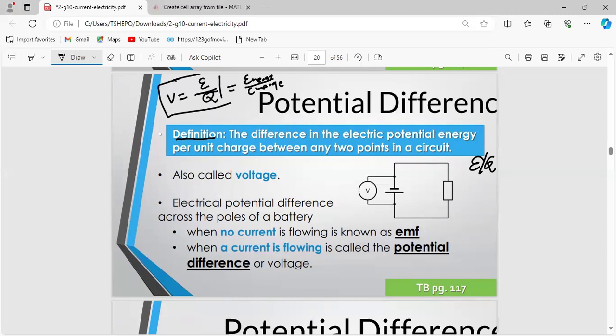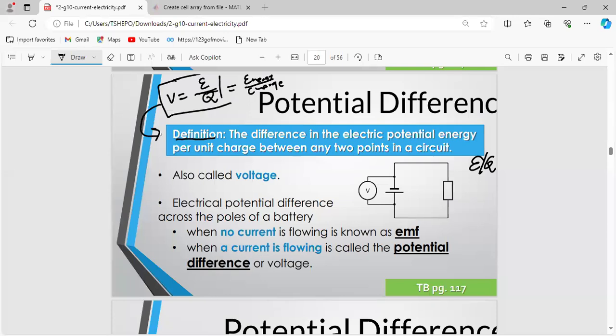Remember, Q represents charge, per unit charge between 2 points in a circuit. That's how we define potential difference. And this is how we define potential difference using the equation. It is still the same thing, but here it is in words, and here it is in the form of an equation, in a mathematical way.